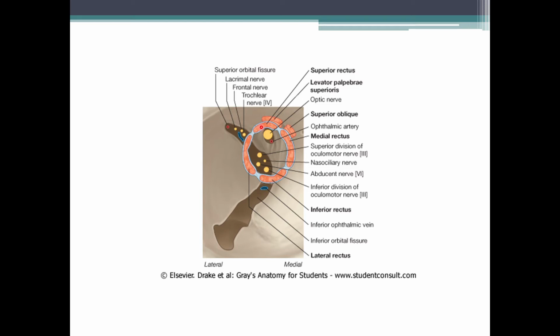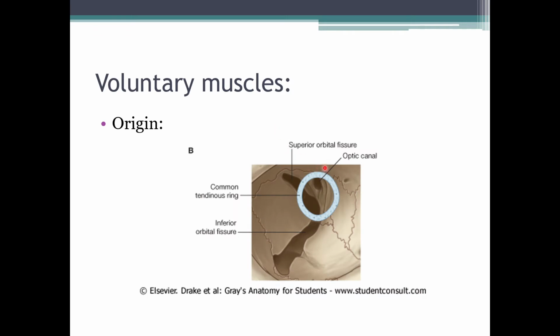Now coming back towards the extraocular muscles, we discussed the origin of these recti muscles. Now the levator palpebrae superioris arises just above the origin of the superior rectus muscle from the orbital surface of the lesser wing of the sphenoid. So you can see this is the lesser wing of the sphenoid and this is the body of the sphenoid.